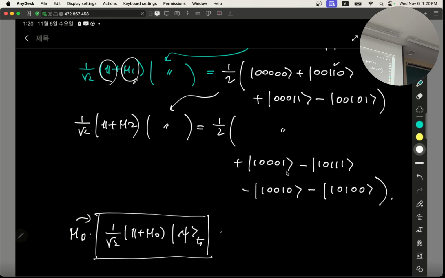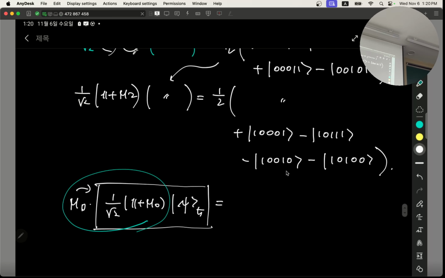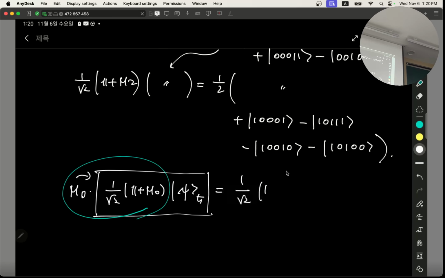Okay, so let's compute this. So I can do the computation, the first part of the gate computation first, and then apply to the 5-qubit gate, right? So that's the same thing. So when I do this, then I get M0 plus M0 square. Right?